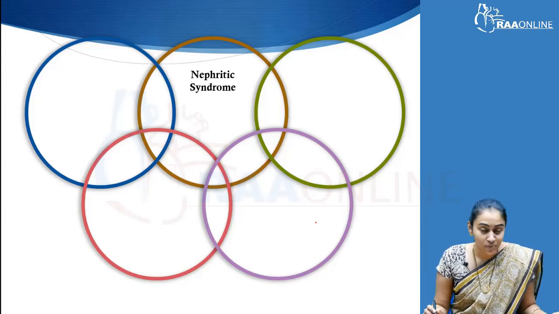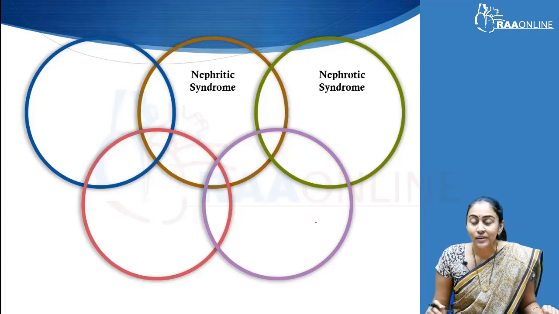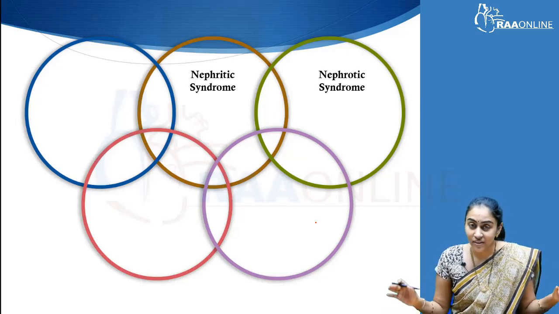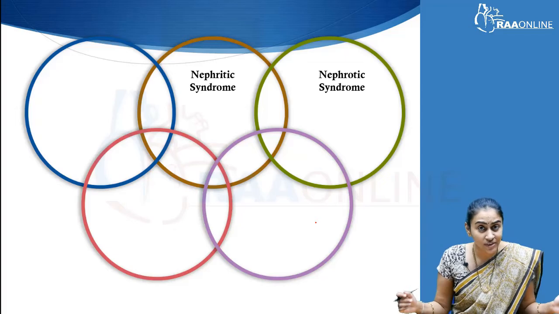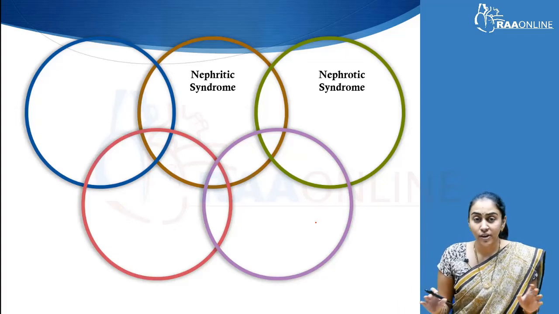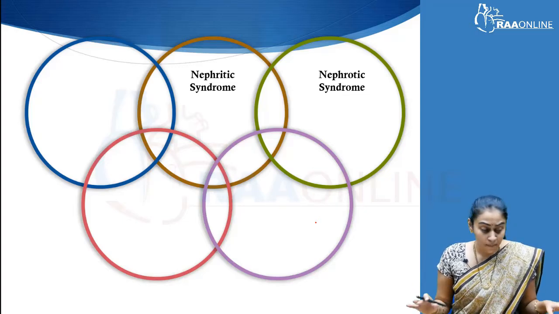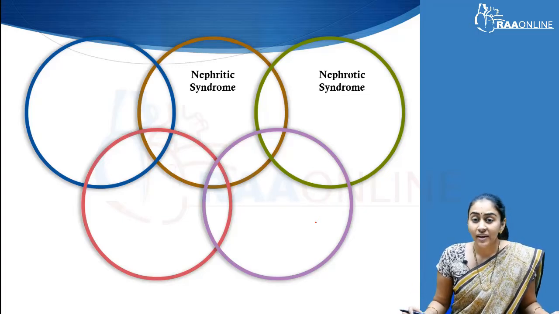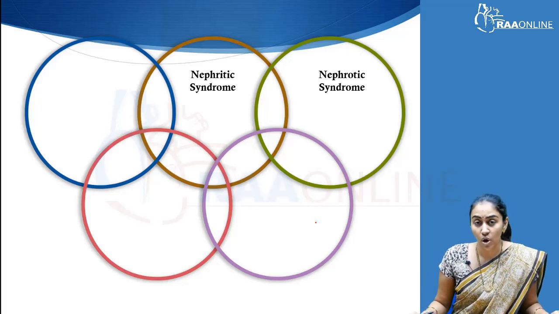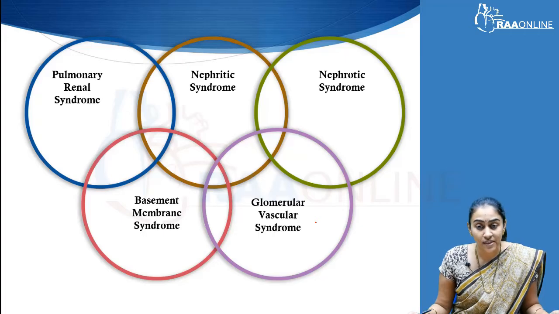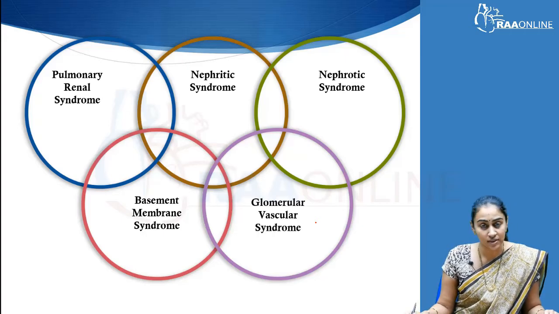What I'm trying to tell you is that although glomerular diseases can be broadly divided into nephritic and nephrotic syndrome, as traditional teaching has been, often we do not have a clear-cut distinction. There are a lot of diseases where there may be an overlap between these two syndromes, and in addition there are several other glomerular syndromes which have evolved over time, like the pulmonary renal syndrome, the basement membrane syndrome, and the glomerular vascular syndrome.